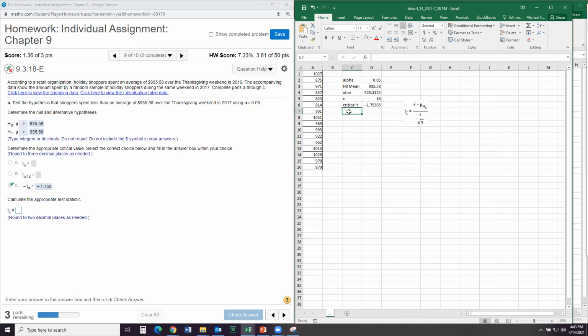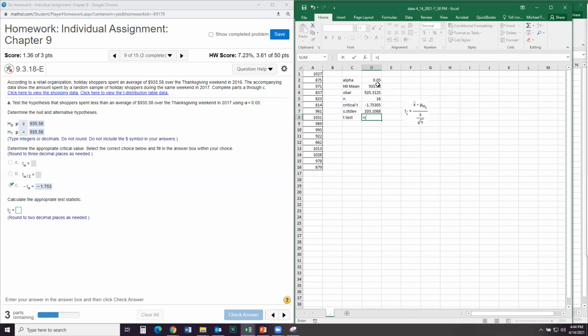All right, so now we have to calculate our t-test statistic. We're going to use this formula, and it's not as scary as it looks. I'm going to need one more piece of information, which is the sample standard deviation. I'm going to do equals stdev dot s for the sample, and then highlight my data set. So now I'm ready. The numerator is going to be x bar. Whoops, I didn't do an equal sign, sorry.